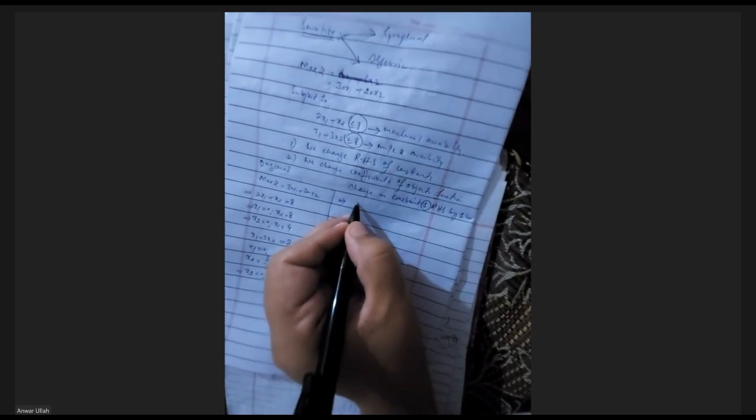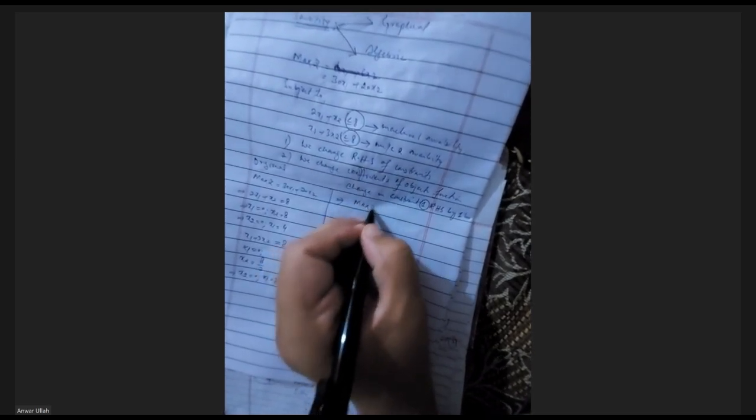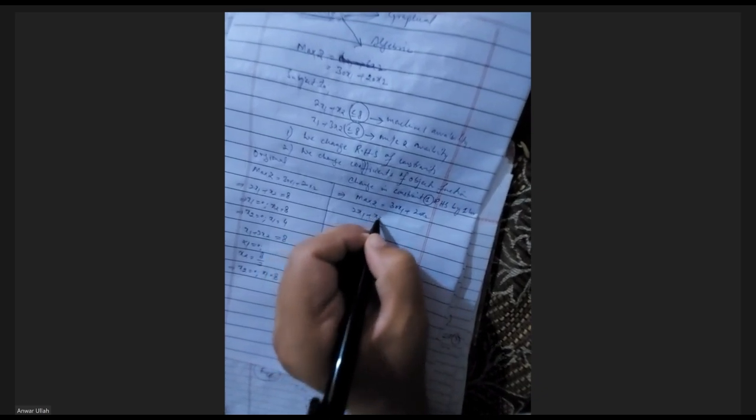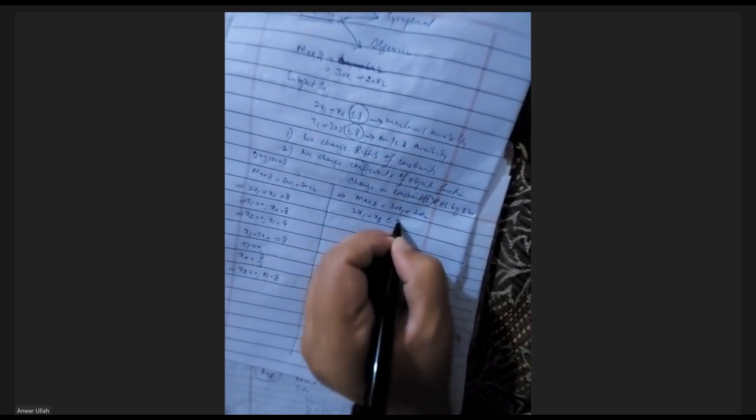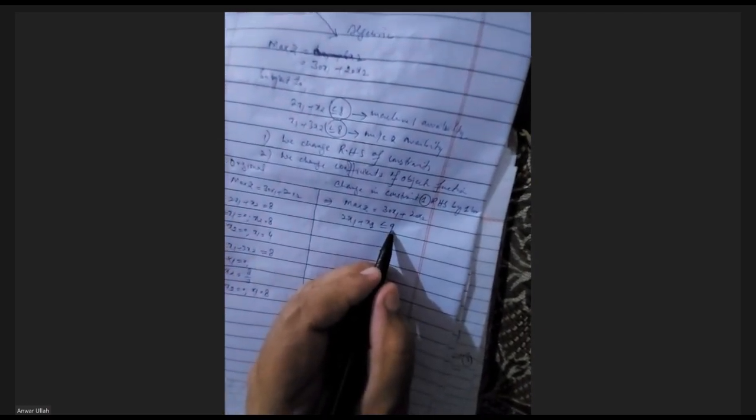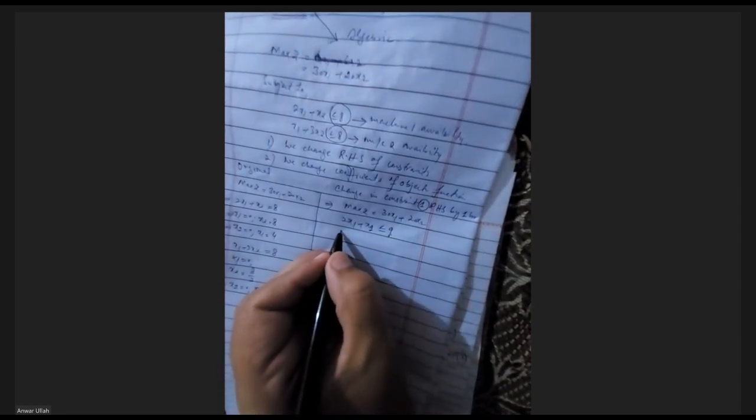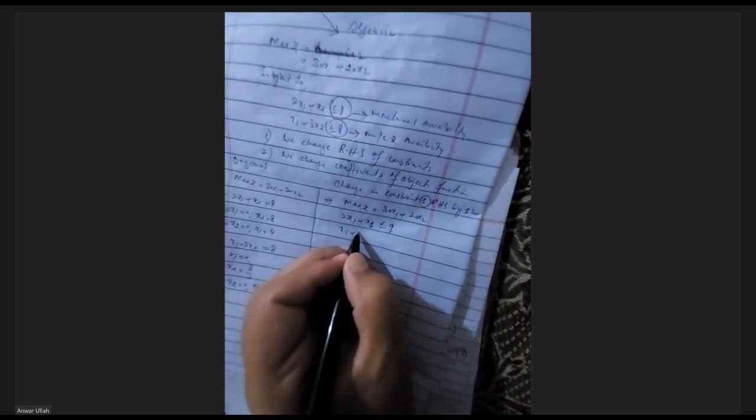The change in constraints can be taken as maximize z is equal to 30x1 plus 20x2, subject to 2x1 plus x2 is less than or equal to 9. I just increased 1 hour in machine one time. And the second one will remain the same.